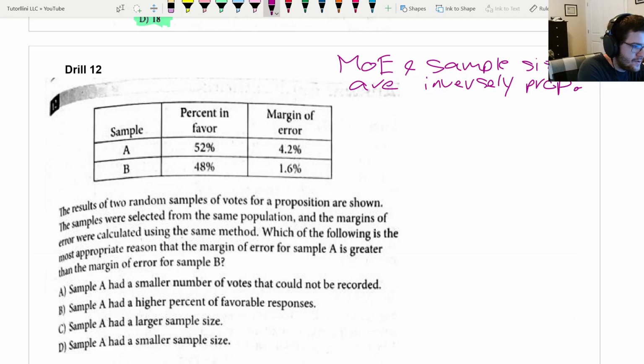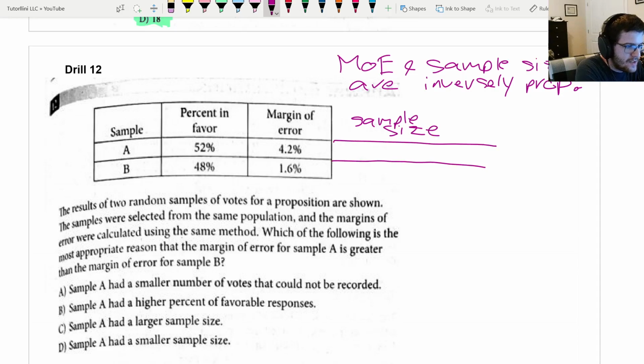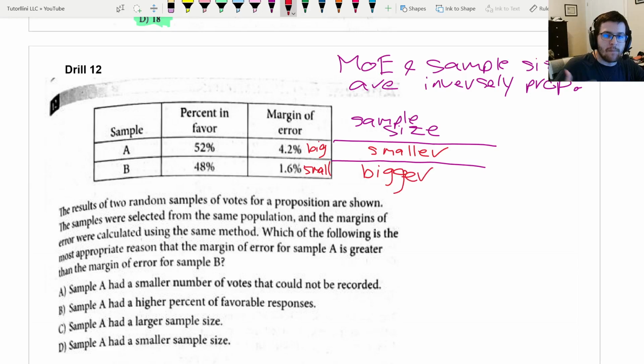So the one with the bigger margin of error has the smaller sample size, and the one with the smaller margin of error, the opposite, inversely related, has the bigger sample size. Think about it. If you ask more people, your survey becomes more accurate, and as a result, you have less error. So if you ask more people, you get less error. That's the idea.